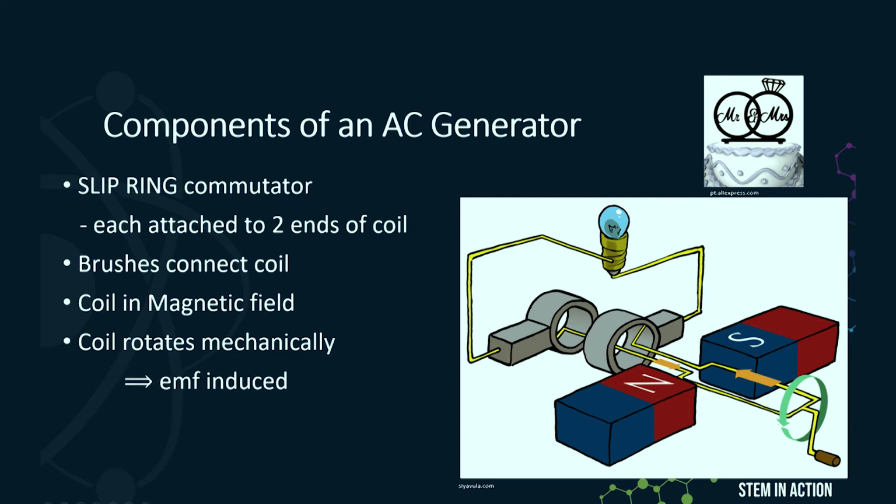And if that EMF is induced, this little light bulb there in our external circuit, or in this case our load, will start glowing. And that gives us evidence that mechanical energy has been converted into electrical energy.